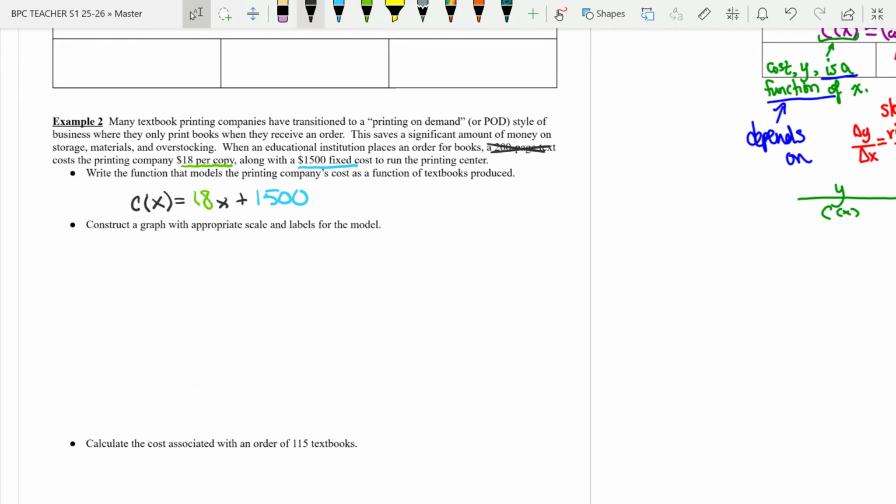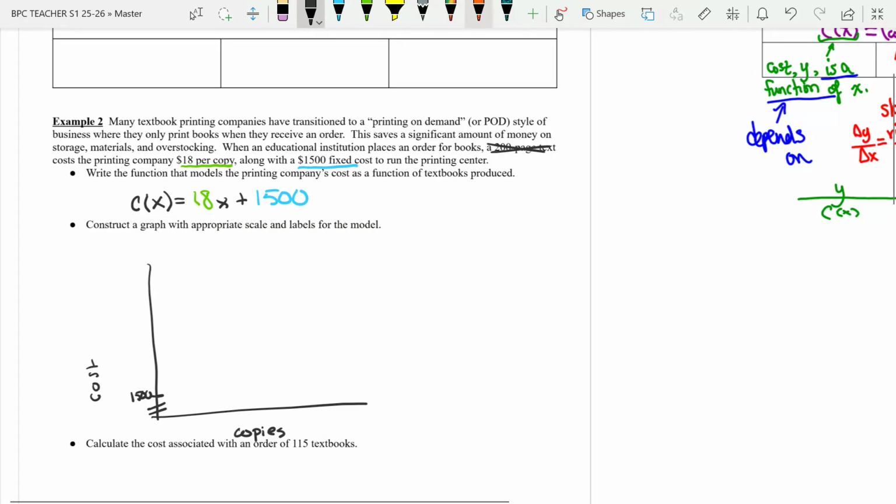If I'm making a graph, let's do it similar to how we did before. My independent variable is the number of copies. My dependent variable is the cost. I know I want this graph to start at 1,500, so I'll put my little double slash in the 1,500.